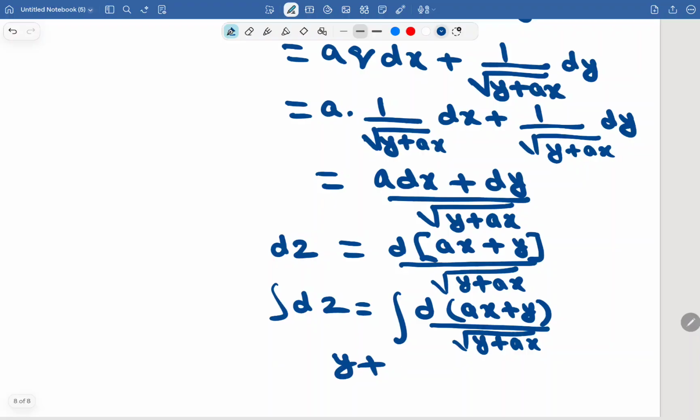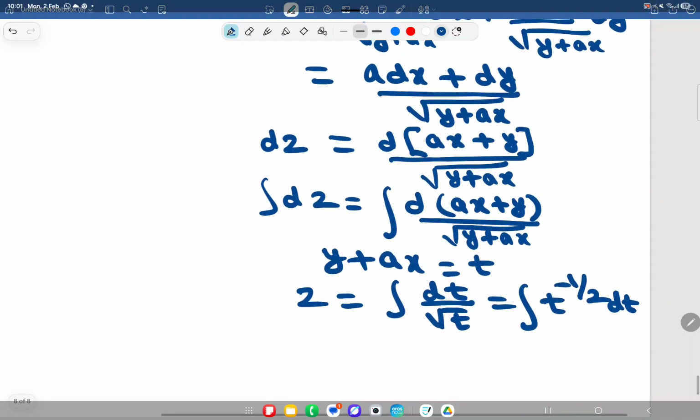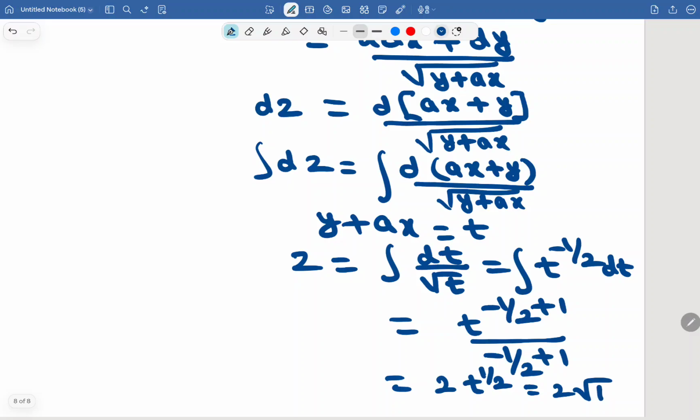If you take y plus ax as some value t, the integration of dz is z, and the integration of dt by root t is t power minus 1 by 2 plus 1 divided by minus 1 by 2 plus 1, which is 2 times root t.